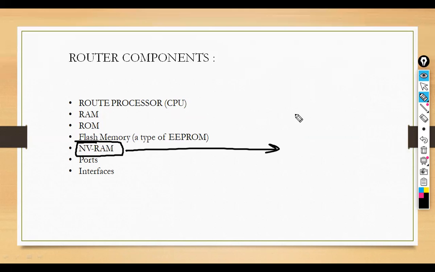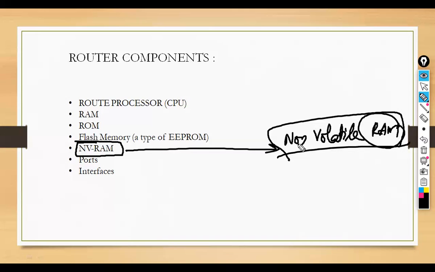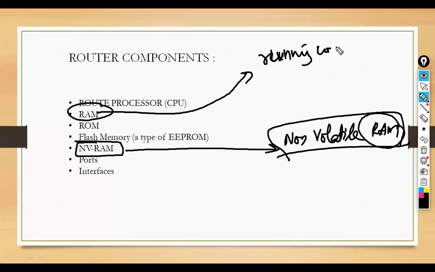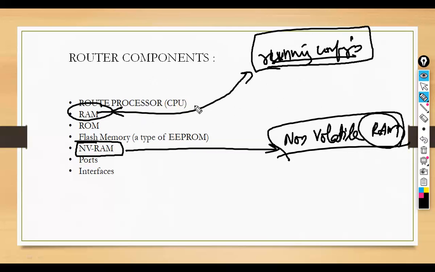Now next you have NVRAM, a new component. NVRAM means non-volatile RAM. It means it is random access memory, but it is non-volatile. Let me tell you, RAM contains the running configuration, and this running configuration in the RAM is volatile.